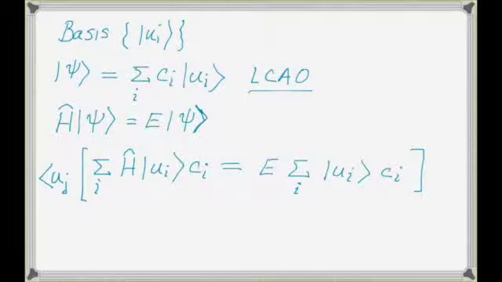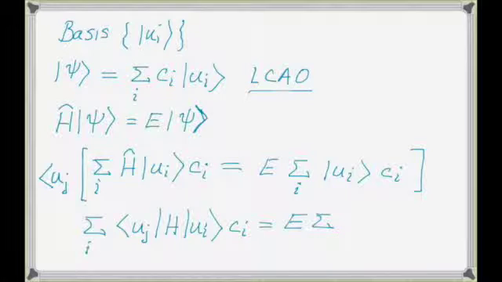So now I have the sum over i of u_j H u_i c_i is equal to E times the sum over i of u_j u_i c_i. And this was just our Kronecker delta function over here.